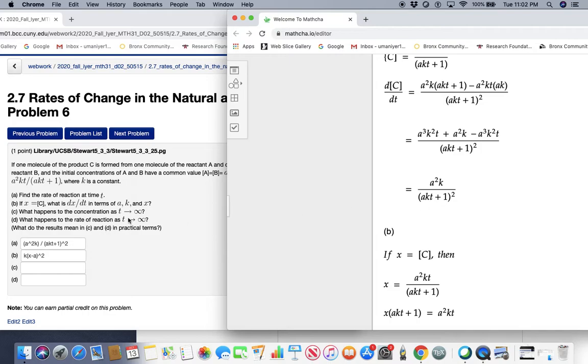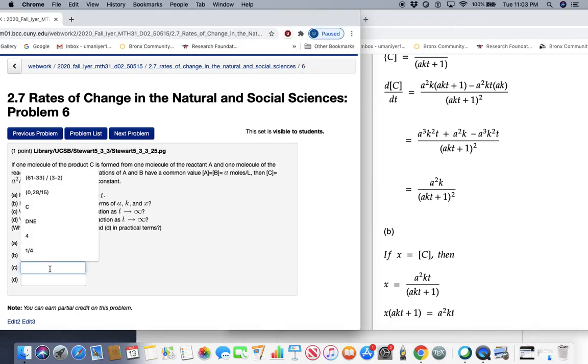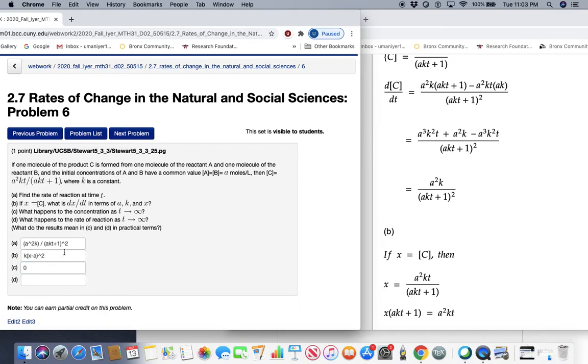As time goes to infinity, this denominator has t, so it goes to infinity, so the fraction goes to 0. Part D, what happens? Oh, I'm sorry, the rate of reaction is part D, so that is 0.